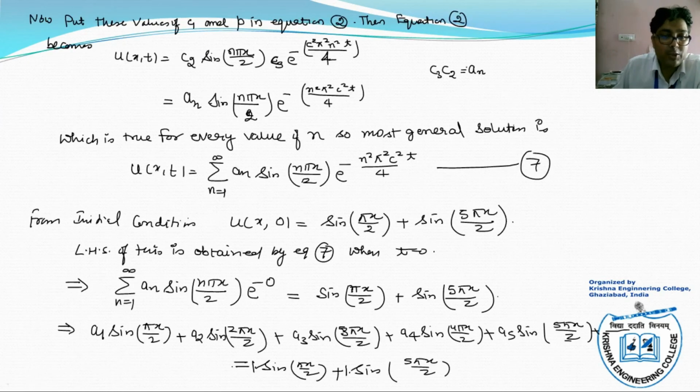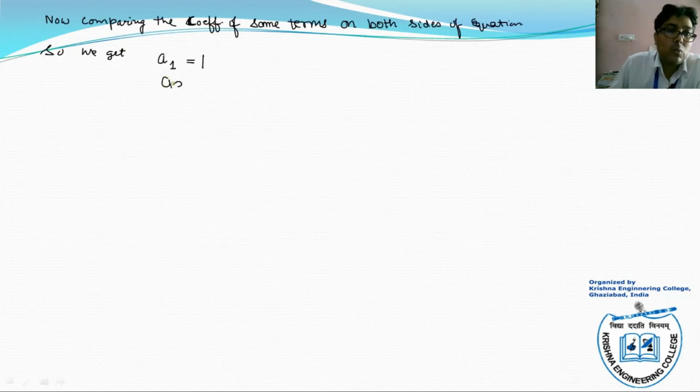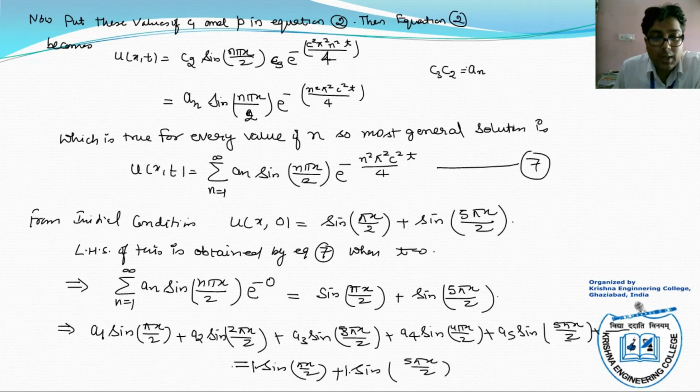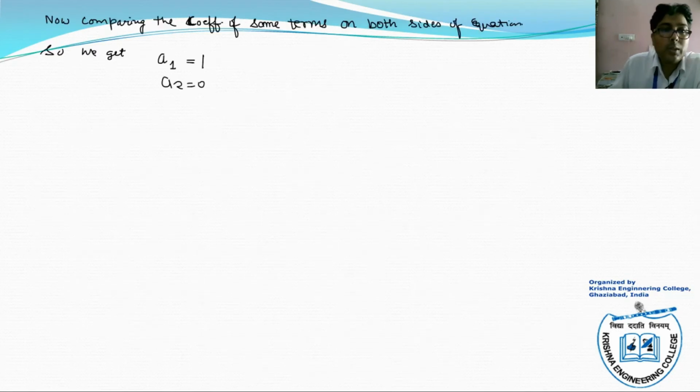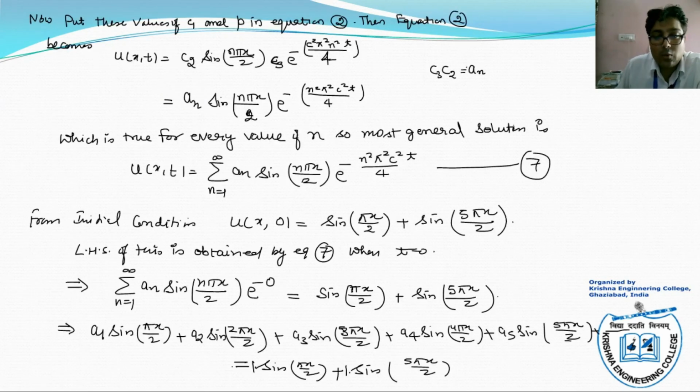Again we see that the coefficient of sine 2 pi x by 2 on LHS is a2, on RHS this term is not present. So a2 is equal to 0. The coefficient of sine 3 pi x by 2 on LHS is a3, on RHS this term is not present. So a3 also 0. Again the coefficient of sine 4 pi x by 2 on LHS is a4, on RHS this term is not present.